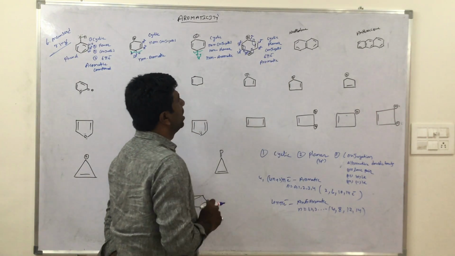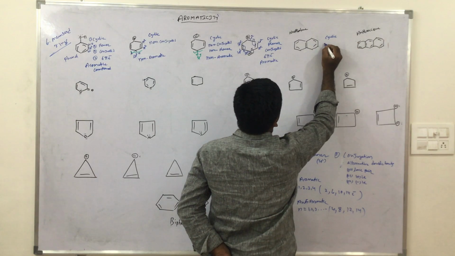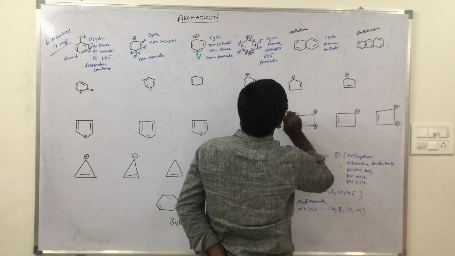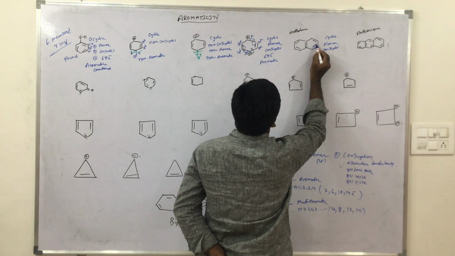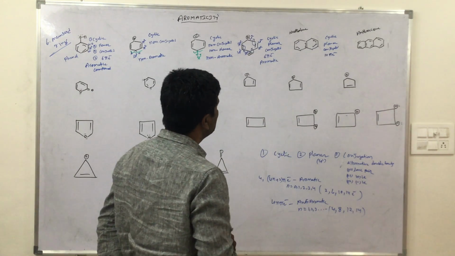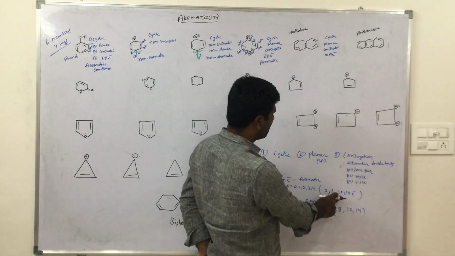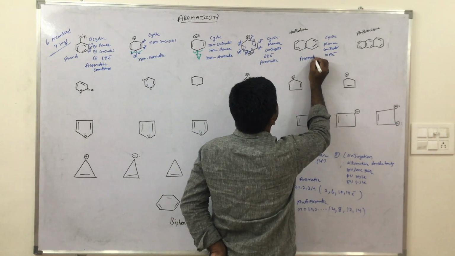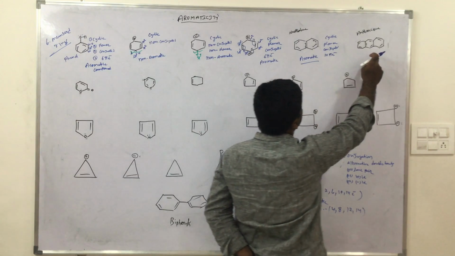So this is aromatic. Okay, now this one: cyclic, planar and conjugated. 1, 2, 3, 4, 5, 6, 7, 8, 9, 10 pi electrons are present. 10 belongs to which category? This one, aromatic. Now this one is naphthalene, and this is anthracene.